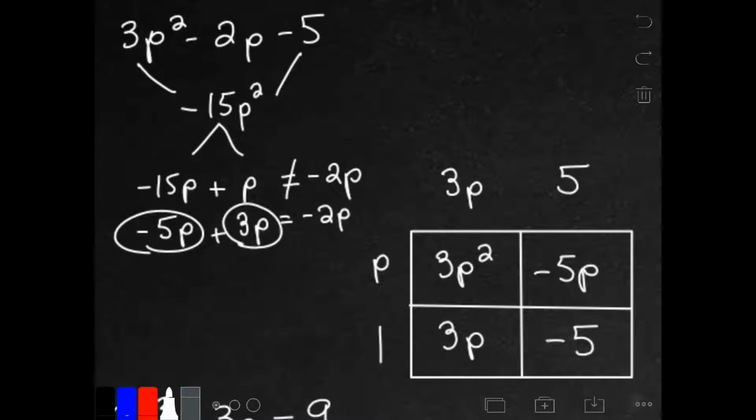The key here is to look at the box that the factor is bordering. So 1 borders a positive box, p borders a positive box, 3p borders a positive box, but 5 actually borders a negative box. So we're going to make that 5 a negative 5.